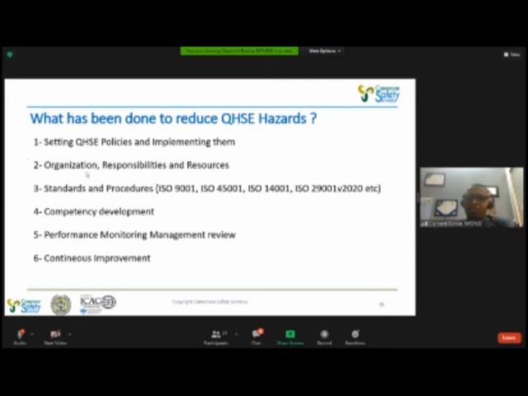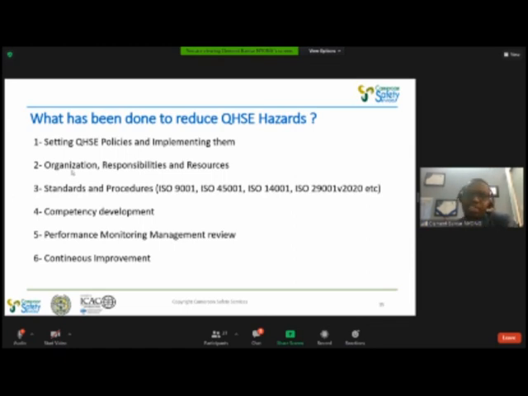Organizations have also been structured in such a way that there are responsibilities and allocated resources for the prevention of hazards. In some companies they have several QHSE personnel making sure that the guidelines, the procedures, and the standard work instructions are being implemented by the workforce.